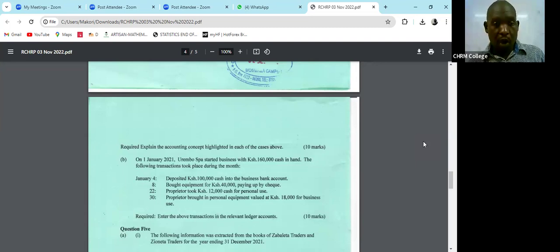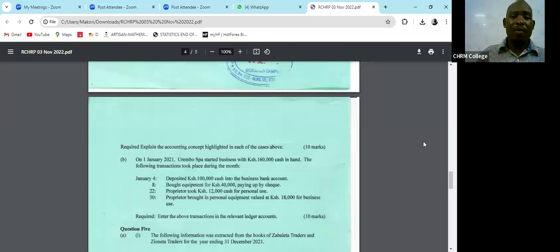Then on 4th, deposited 100,000 cash into the business bank account. That is simply a transfer. Part of the 160,000 that was deposited in cash is now being taken to the bank. So because 100,000 will be deducted from the cash that we had in hand, we shall credit cash, because anytime cash flows out, we credit the cash account, then we debit bank.